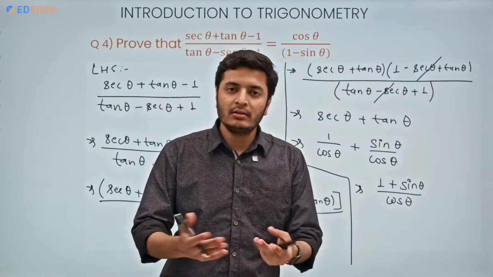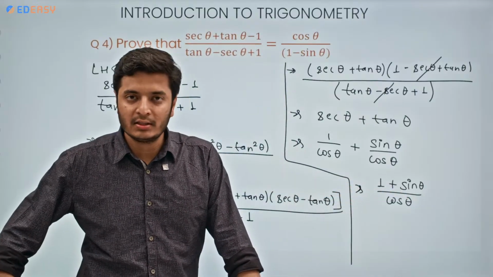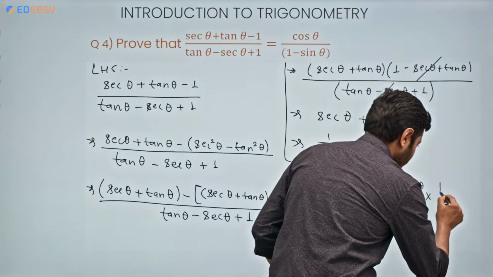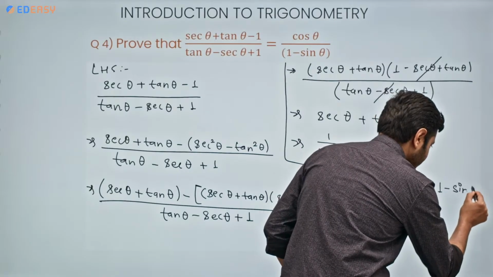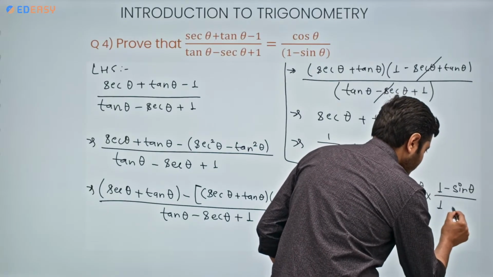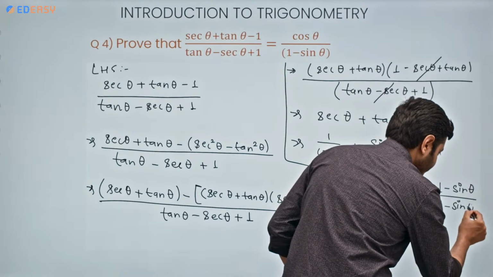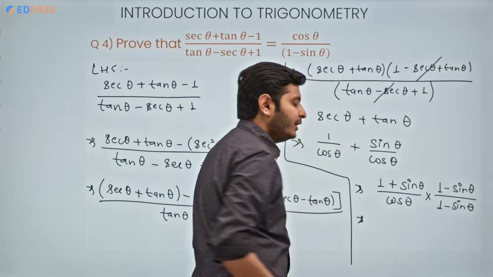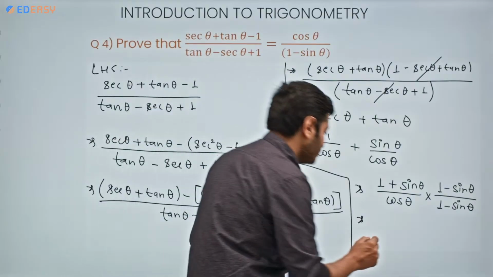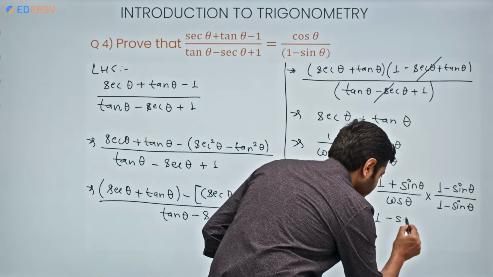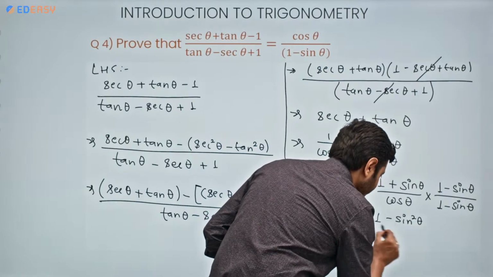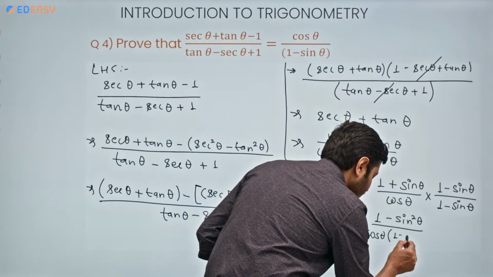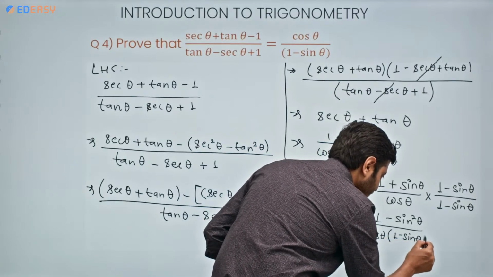Not exactly equal to cos theta, but closer. And we will see what changes we can see in the denominator also. So multiply with 1 minus sine theta by 1 minus sine theta. A plus b into a minus b, a square minus b square, or 1 minus sine square theta, divided by cos theta into 1 minus sine theta.